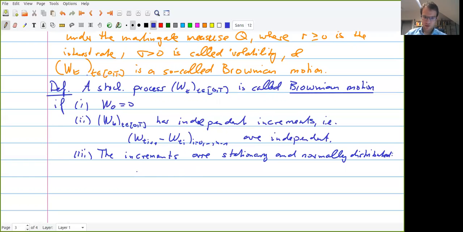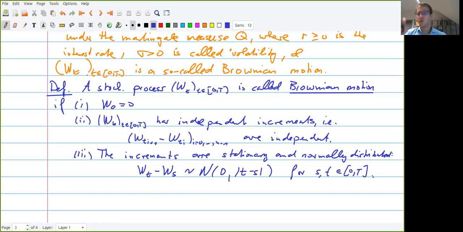So what does this mean? If I look at the increment of the Brownian motion, W at time t minus W at time s, the distribution is given by a normal one, and the mean is 0, and the variance is just given by the time increment, so t minus s for s less than t. So this is all what it means.